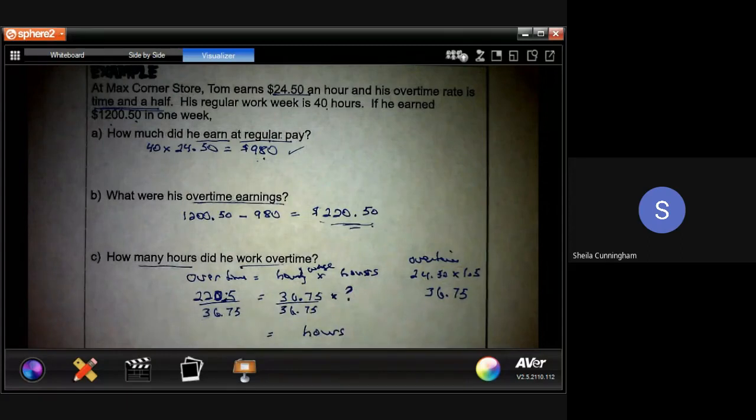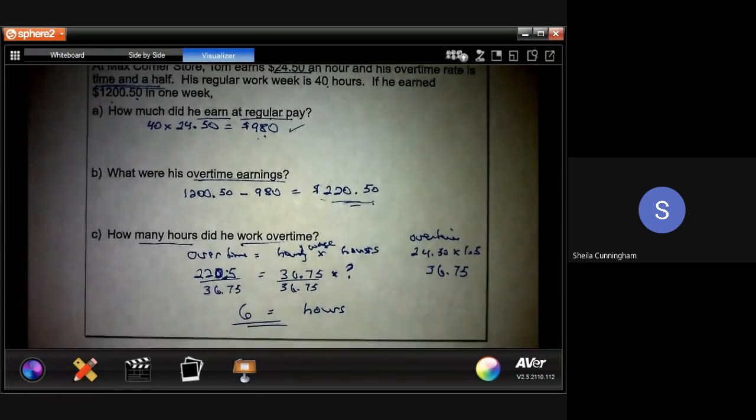We take 220.50 divided by 36.75, and we discover that he worked 6 hours of overtime. So essentially, we knew how much he made in overtime. We were able to figure out what his hourly wage was, and once we knew that, we could divide them out and get how many hours he actually worked.